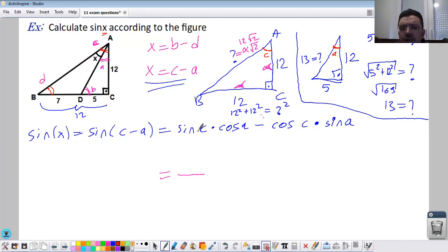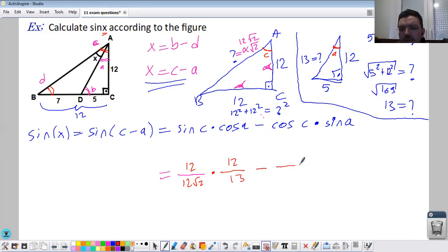Now I am writing sine of C angle: opposite side, which is 12, over the hypotenuse 12 square root 2, times cosine of A. So adjacent of A, 12, over the hypotenuse of this triangle, 13.